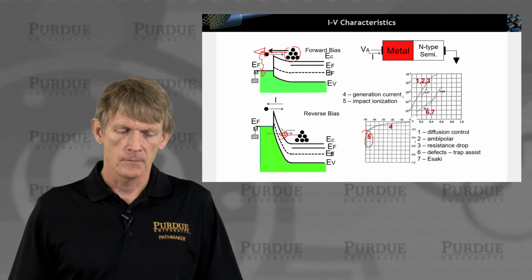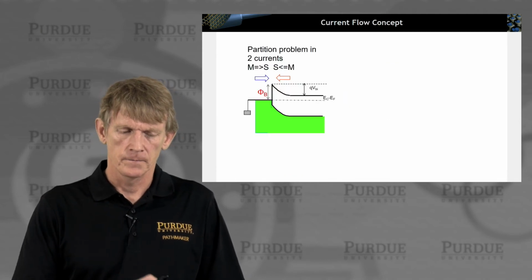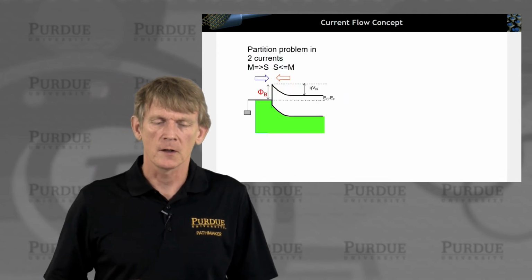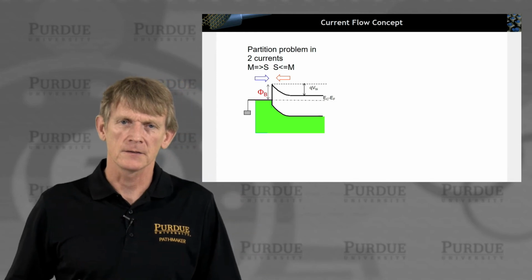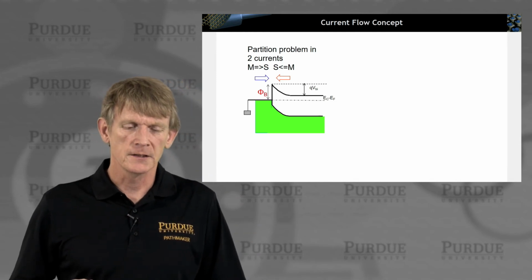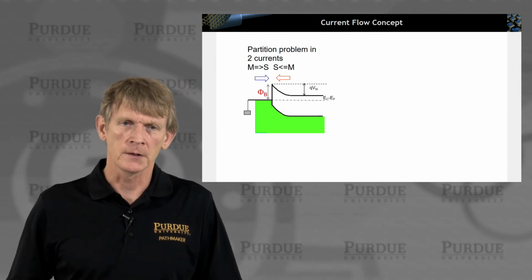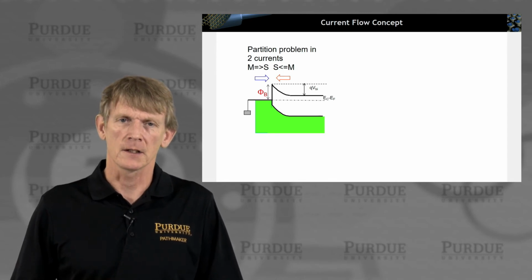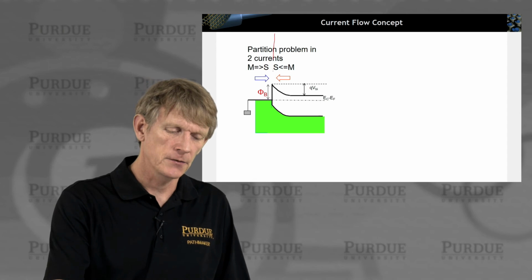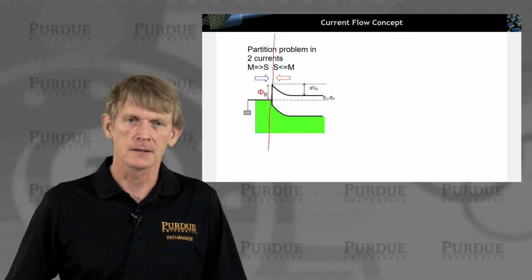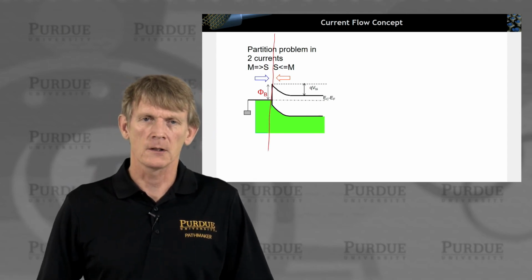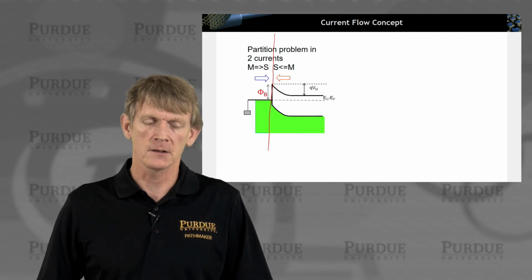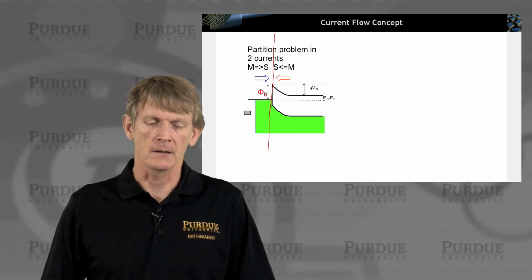Okay, let's look at the current flow concepts here in this device. So we're going to divide the system into two components: current flow in the metal and current flow in the semiconductor. And in particular, we're interested right at this interface at the junction and label our currents metal to semiconductor or semiconductor to metal.